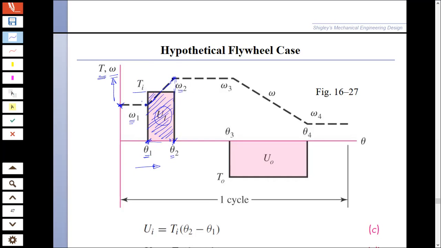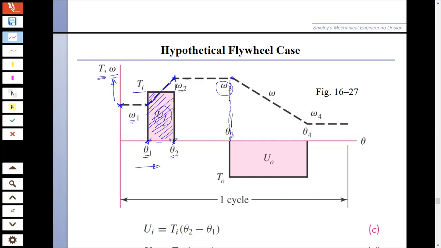Now let's say that the velocity that we have right now is omega 2 at this position, and it remains, or somewhat it is omega 3. If there is no change, it's still omega 2, but let's assume that we have that equal to omega 3. Now at this omega 3 we have some power output from the system, right?